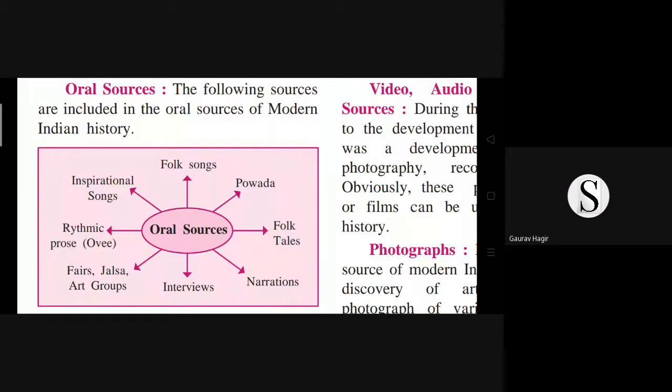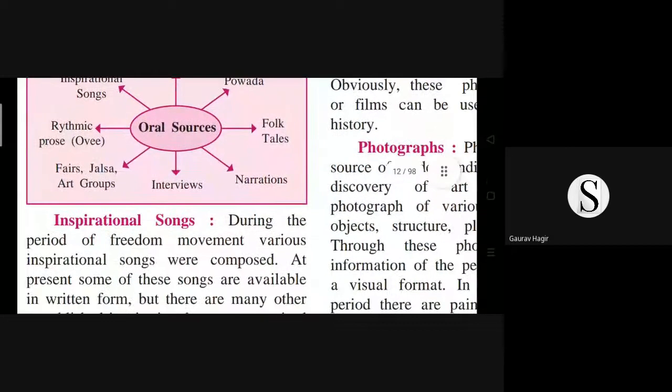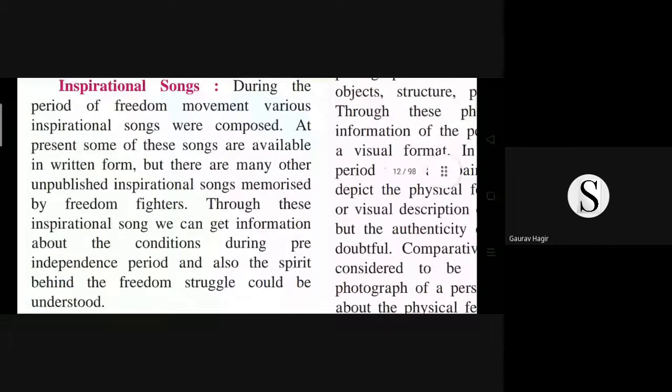Oral sources. The following sources are included in the oral sources of modern Indian history: folk songs, povada, folk tales, narration, interviews, fairs, jalsa, arts groups, rhythmic prose, ovi, inspirational song. Inspirational song. During the period of the freedom movement, various inspirational songs were composed.